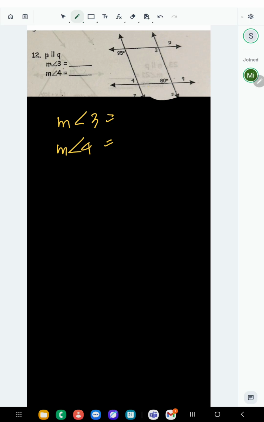Yeah, so we're only given lines P and Q as parallel. It is not indicated that lines R and S are parallel. So we will only consider lines P and Q and a transversal, or the two transversal lines.